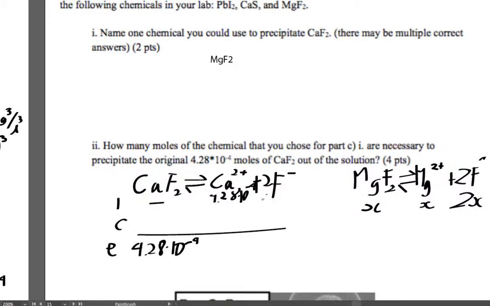So this one here would be 8.56 times 10 to the power negative 4. And so we add in, oh wait, no, we also add this guy by 2x.